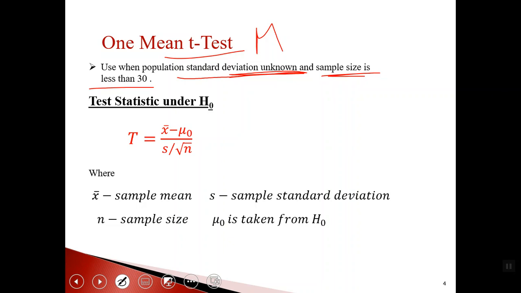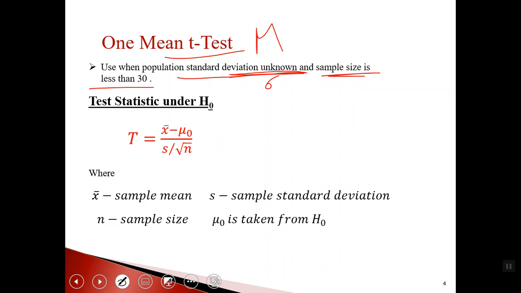You know, when sample size is greater than 30 and you know the population standard deviation sigma, then you can do Z test, right? But you don't know the standard deviation and sample size is less than 30, so you have to use another method. That method is T test.